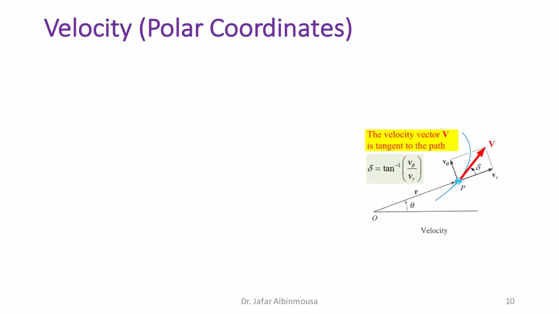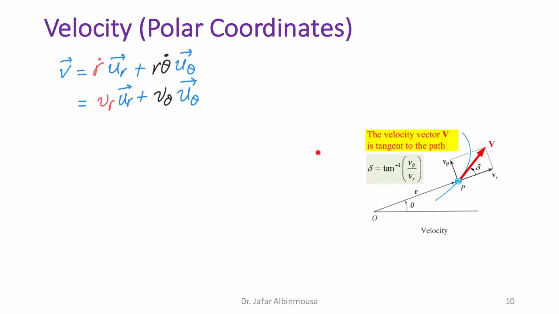We can rewrite the previous equation of the velocity vector v, which is equal to r dot ur unit vector plus r theta dot u theta unit vector, as vr ur unit vector plus v theta u theta unit vector, which are basically the radial and the transverse components.